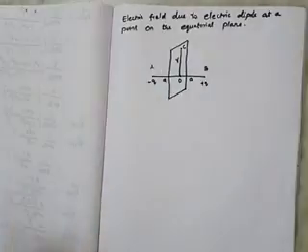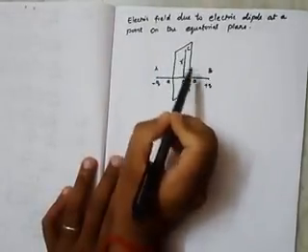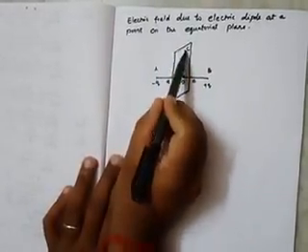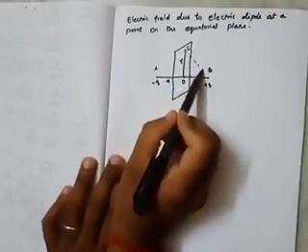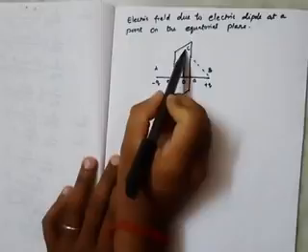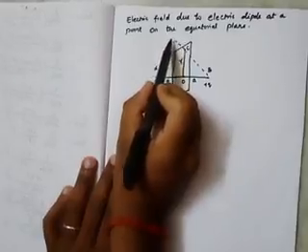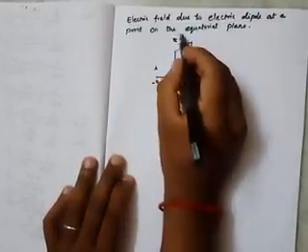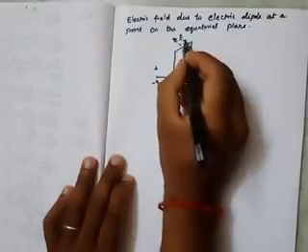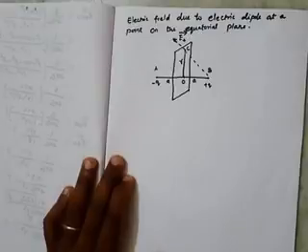Due to the positive charge, an electric field is experienced at point C. At point C, we place a test charge, that is a positive charge. It experiences an electric field, with the direction like this. That is E due to the positive charge, E plus vector.